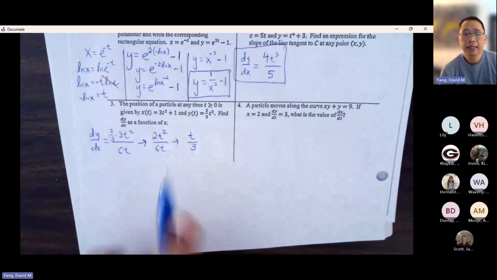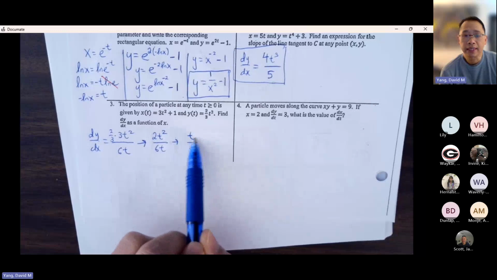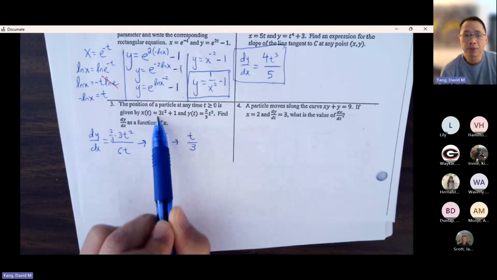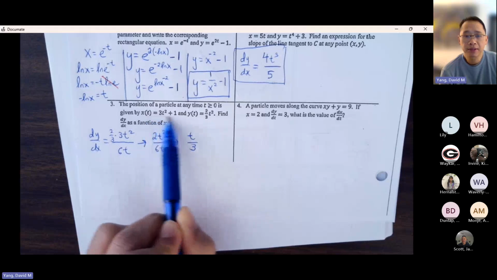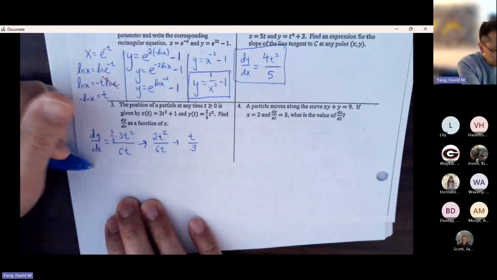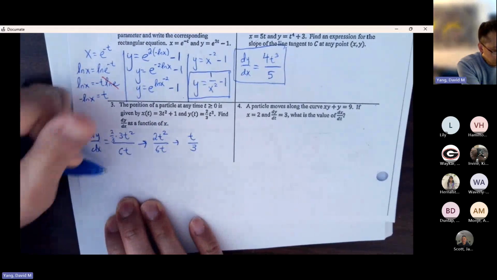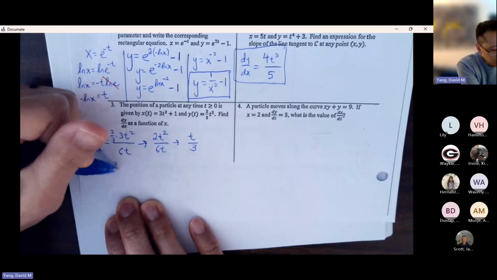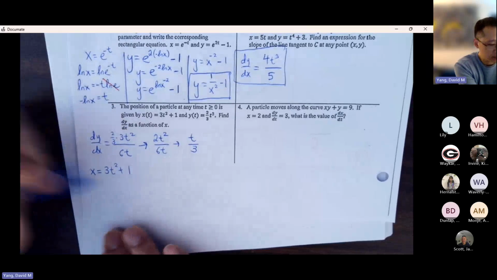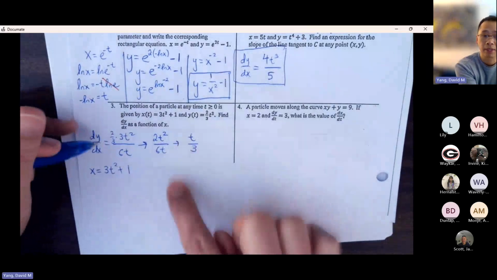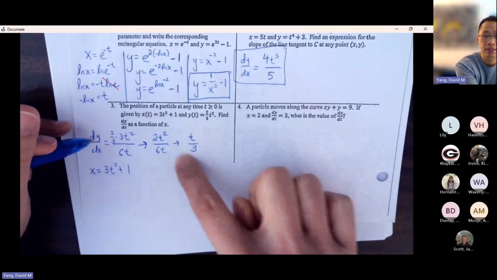So t over 3, I need to find a way to get the t in terms of x. So I'm going to rearrange this equation to help me do that. So to the side here, I know that x is equal to 3t squared plus 1. Let me see if I can isolate the t so I can get my derivative just in terms of x instead of t.